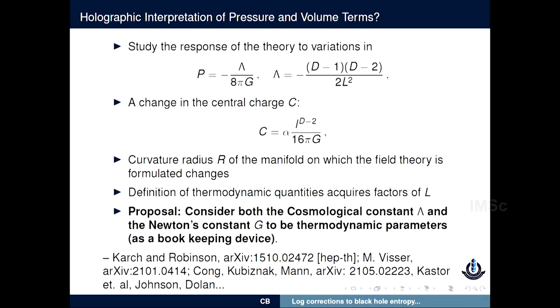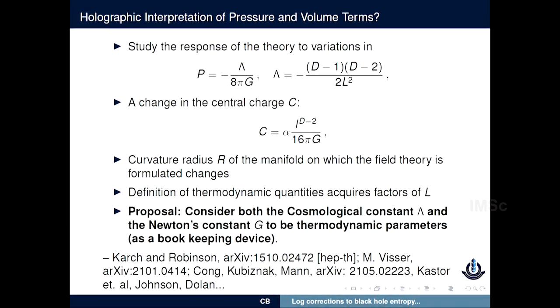And there, the volume of the CFT gets related to the cosmological constant. So the radius of the dual field theory is also controlled by the cosmological constant. If you change the cosmological constant in the bulk, you are also changing the volume of the dual CFT. That is the second, independent place where the variation will come.